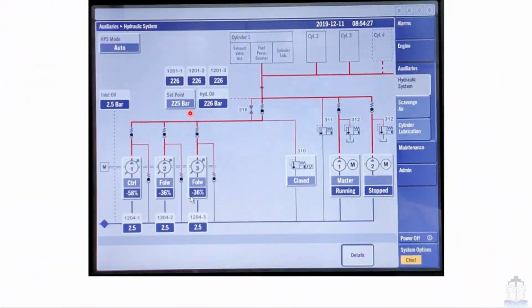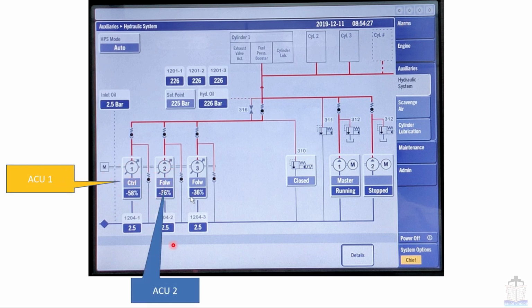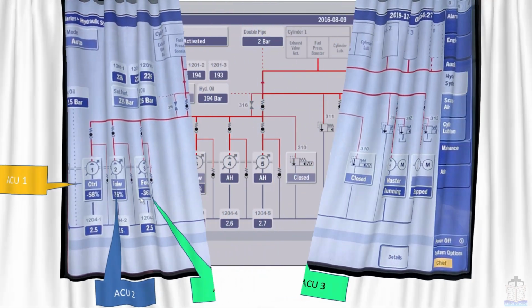Now next, this is one kind of configuration in which there are 3 pumps which are driven by the engine. The first pump will be controlled by SU1, the second pump will be controlled by SU2, and the third pump will be controlled by SU3. Now let's see the other configuration.